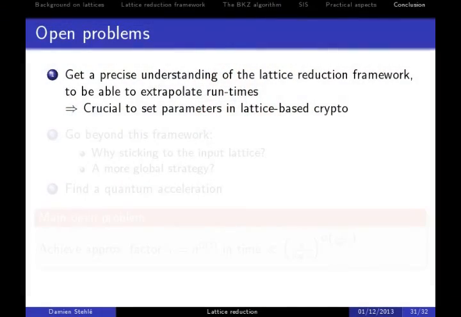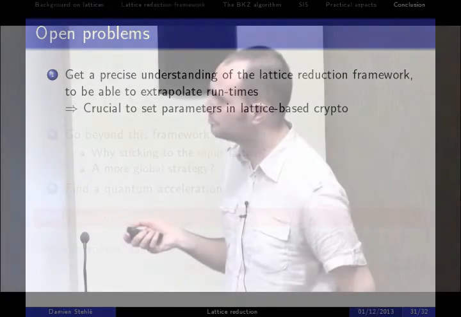Okay, so some open problems. A very important open problem, especially with respect to practical lattice-based cryptography, is to get a precise understanding of the limits of the lattice reduction framework. Because this is the best known attack in practice. So if you want to set parameters against the best known practical attack, you have to know exactly how far this best practical attack goes.